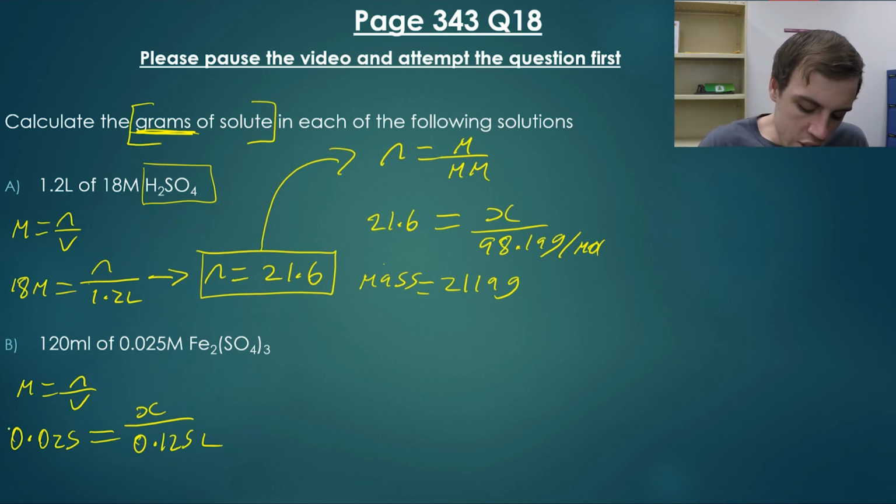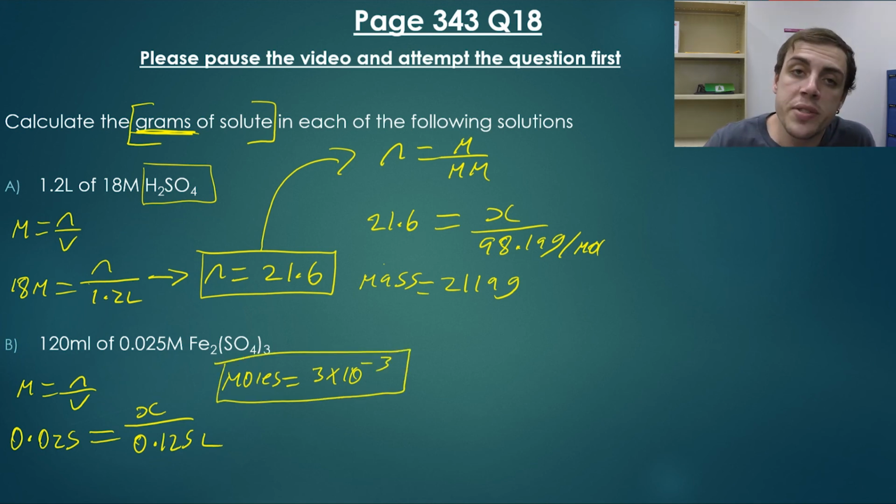So by rearranging this formula, we have 0.025 multiplied by 0.125, which is going to give us a total of 3 times 10 to the minus 3 moles. Now we can use these moles to calculate the mass. So moles is equal to mass over molar mass.